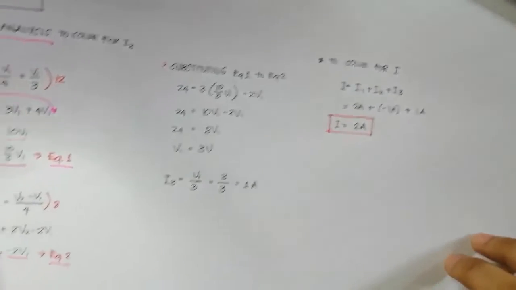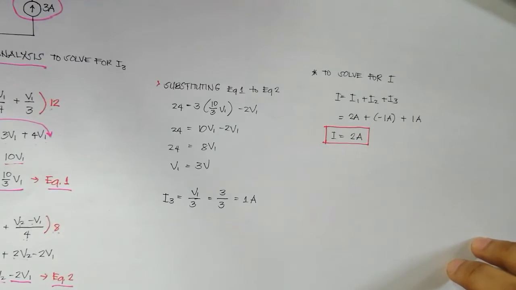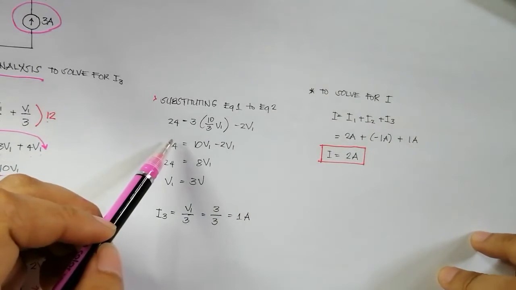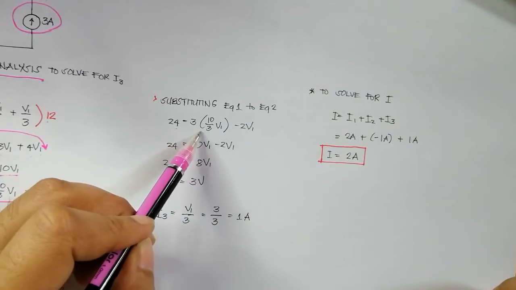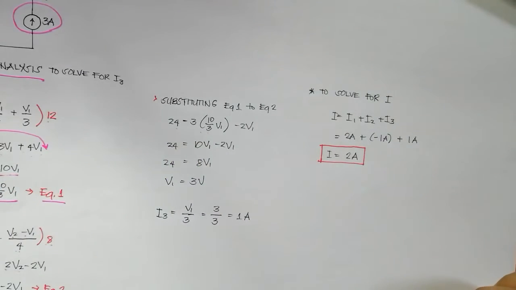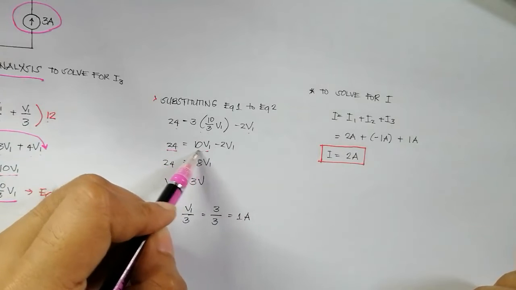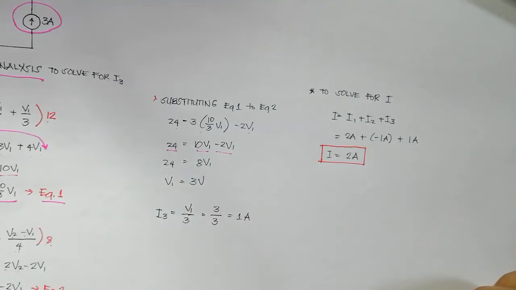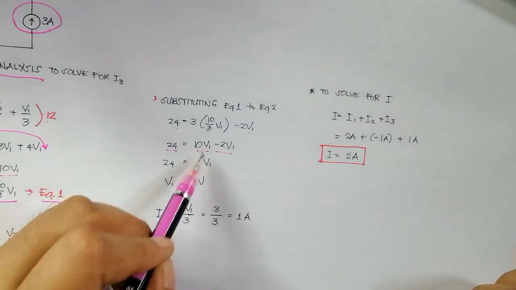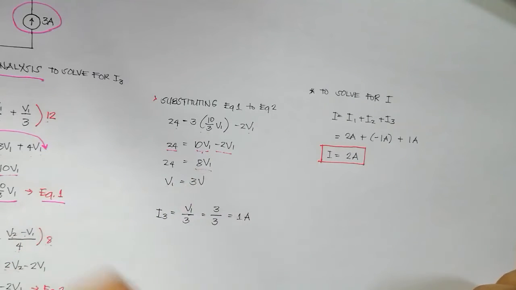Then to solve for V1, we will just substitute equation 1 into equation 2. So we now have 24 is equal to 3 times 10 over 3 V1 minus 2V1. Simplify, we now have 24 is equal to 10V1 minus 2V1. Then 10V1 minus 2V1 is 8V1.